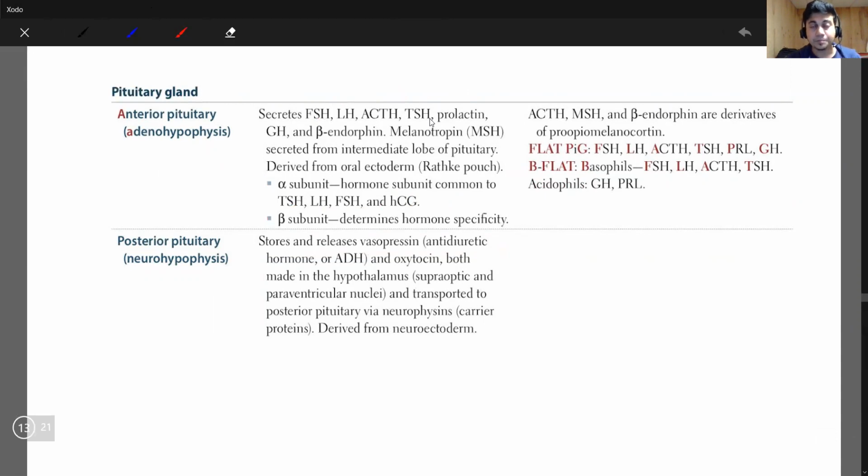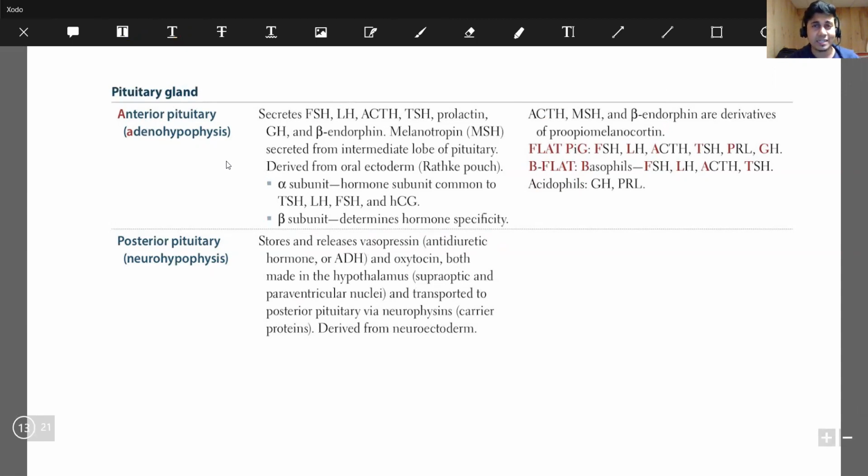And now, you can see that ACTH, MSH, and beta endorphin, these three hormones, are derivatives of a chemical called proopiomelanocortin, and this is actually the reason why we get hyperpigmentation in Addison disease. What happens in Addison disease?